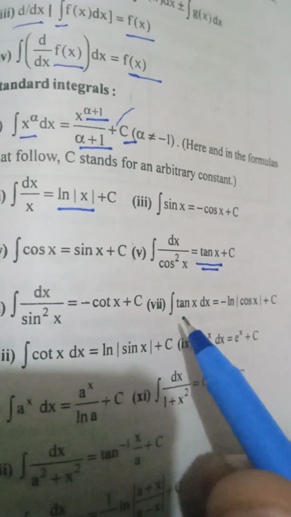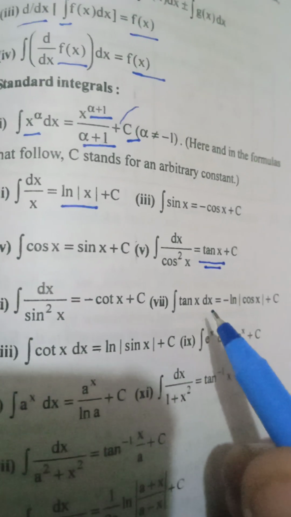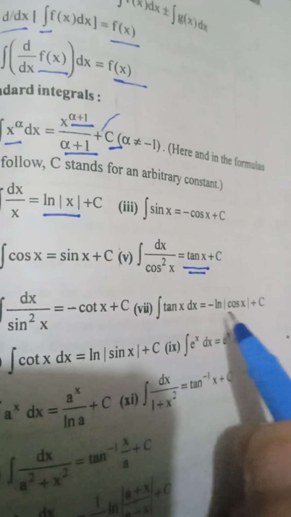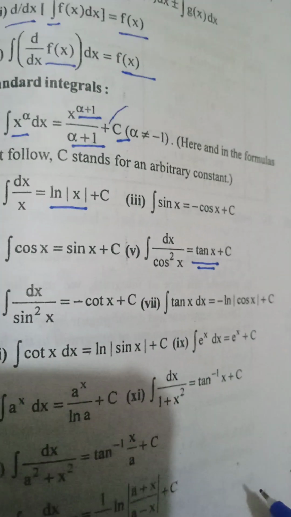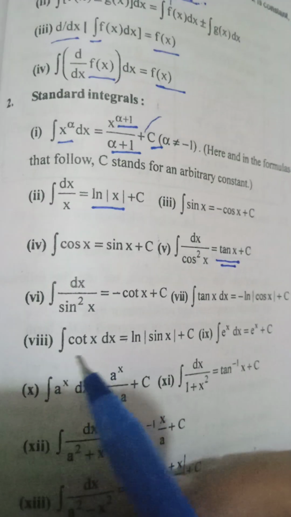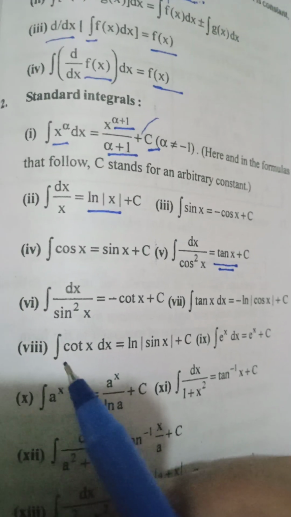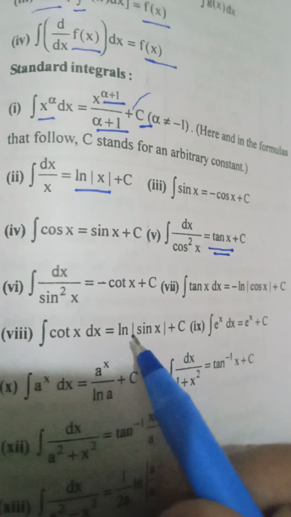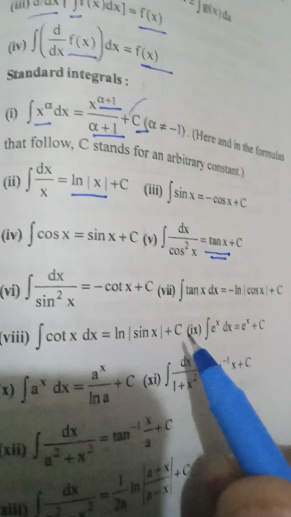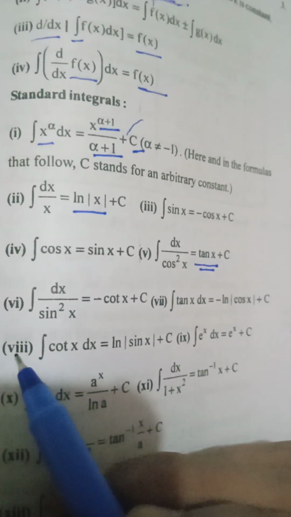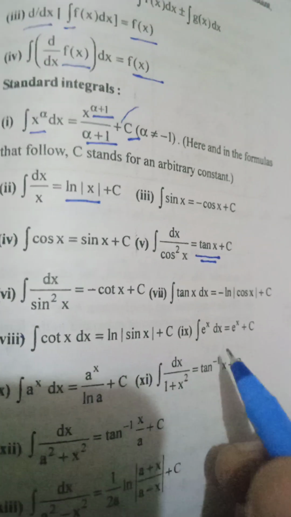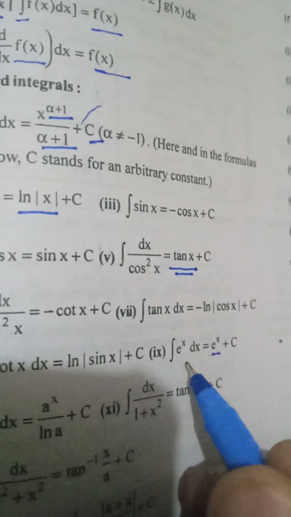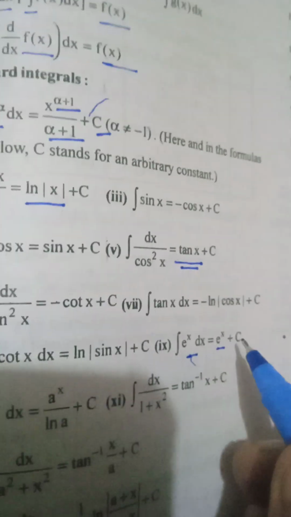Now in the next case, the integration of tan x dx is nothing but minus natural log cos x plus c. Similarly, in the 8th case, integration of cot x dx is nothing but ln sin x plus c. This is an important one; one should remember this. Now when you integrate e^x, you find e^x. When you differentiate e^x, you find e^x.